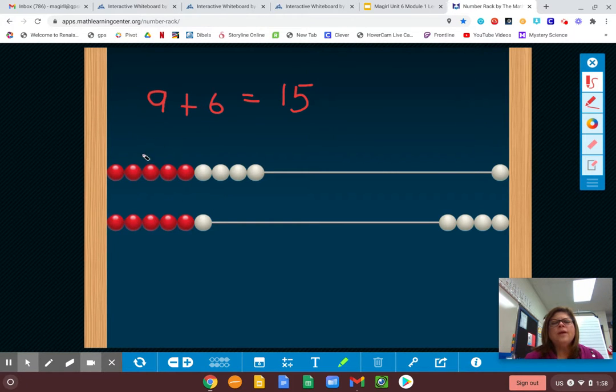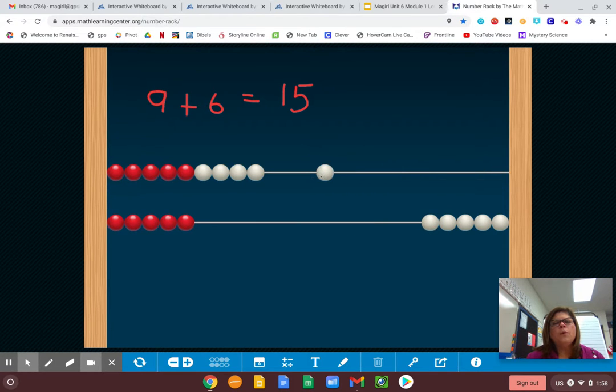What I would do if I wanted to make this 10 up here, I would have to take this white bead and take it away from the bottom level and move one at the top over. So we're not adding any beads, we're just trading. The one from the bottom is going back and we're putting the one on top over to make it a 10.